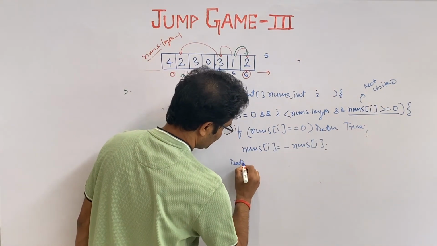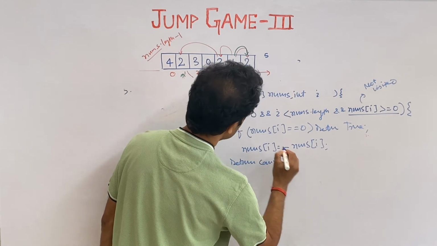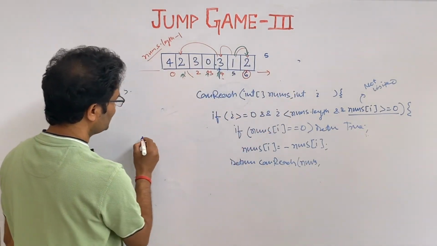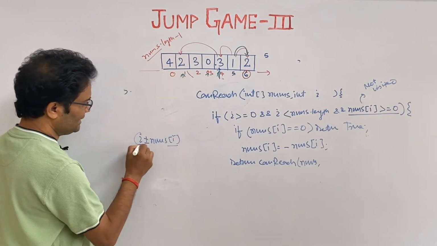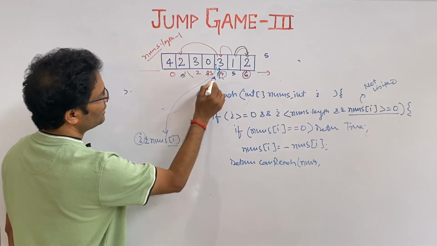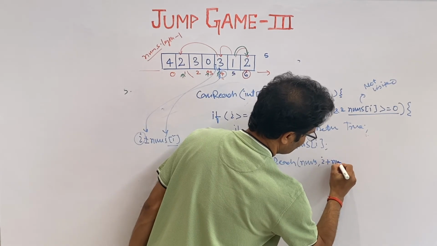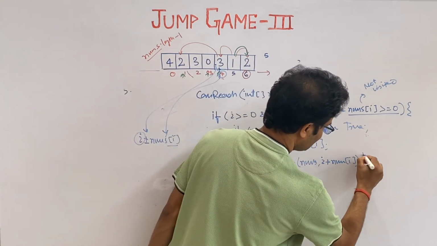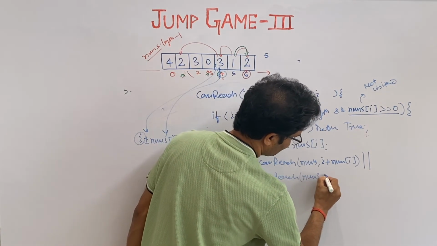We pass the same array, but this time I plus nums[i] and also I minus nums[i]. Here I is 4 and this 3 value is nums[i].